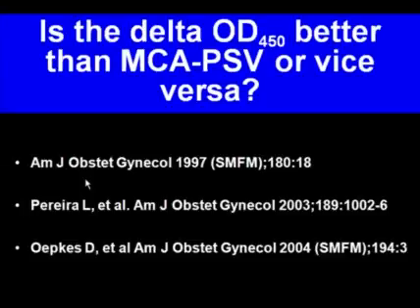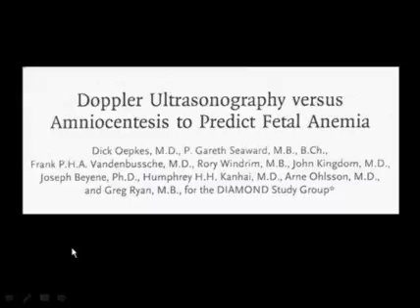Is the delta OD 450 better than middle cerebral artery peak systolic velocity or vice versa? In 1997 we reported that the middle cerebral artery peak systolic velocity was at least as good as the delta OD 450. These data were confirmed by Pereira and by Oepkes. Actually, Oepkes was the lead author for the DIAMOND study group.